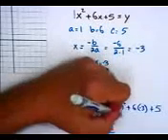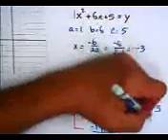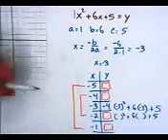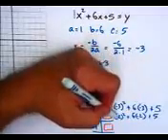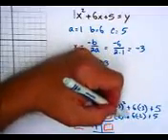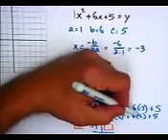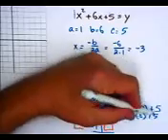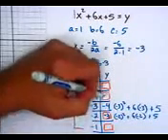So this is x squared plus 6x plus 5. So that's negative 2 squared, negative 2. So that's 4 plus negative 12 is negative 8. Negative 8 plus 5 is negative 3. And negative 3.